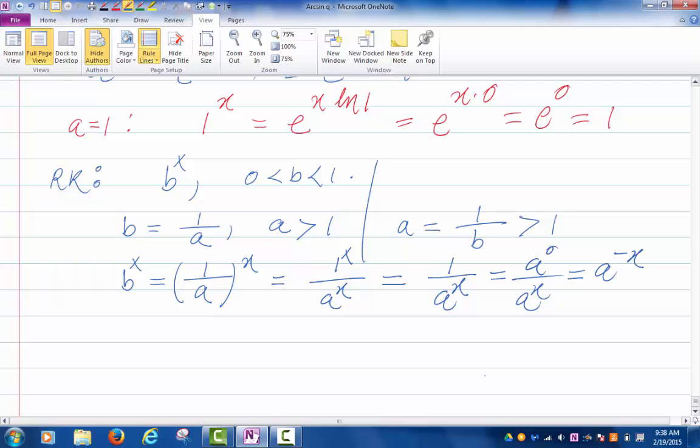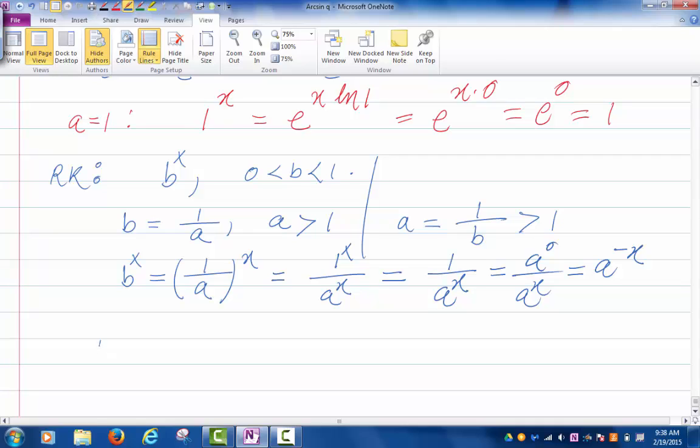All I'm saying is there are different ways of thinking about the case where the base is less than 1. When the base is less than 1, I can think of that as 1 over a to the x for some a, or as a to the negative x, where a is bigger than 1. So we are saying that the function b to the x is the same as a to the negative x, which is the same as 1 over a to the x.